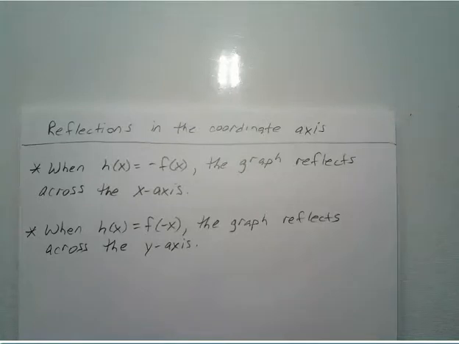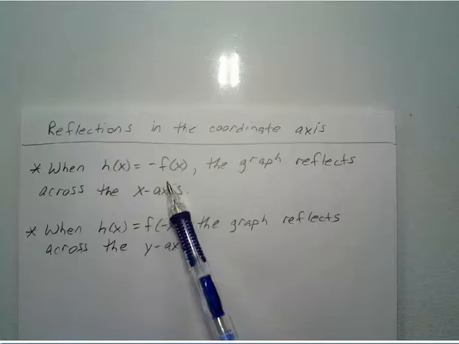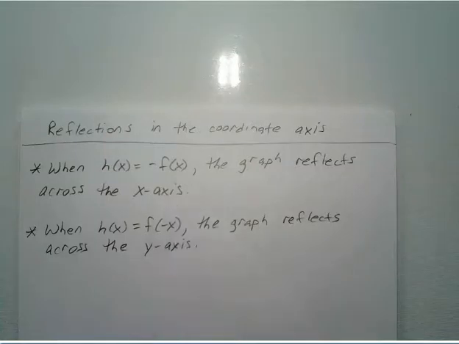Whenever you ask what the difference is, think of it this way. If you multiply your function by -1, then you'd flip it across the x-axis. But if it's not multiplied by -1, then it's flipped across the y-axis.